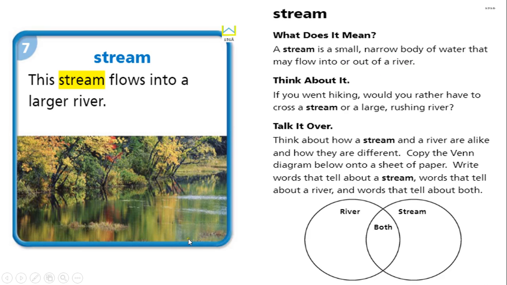The stream is a smaller version of a river, and it may or may not flow into another river.